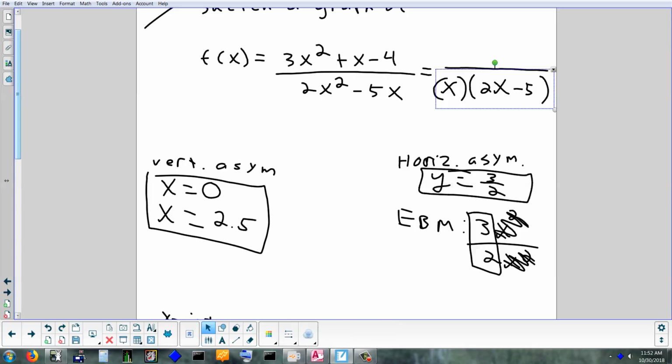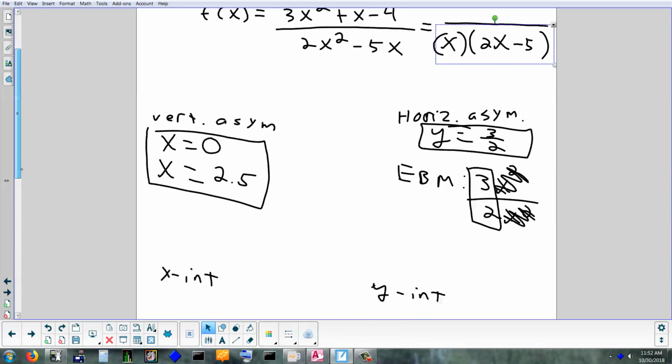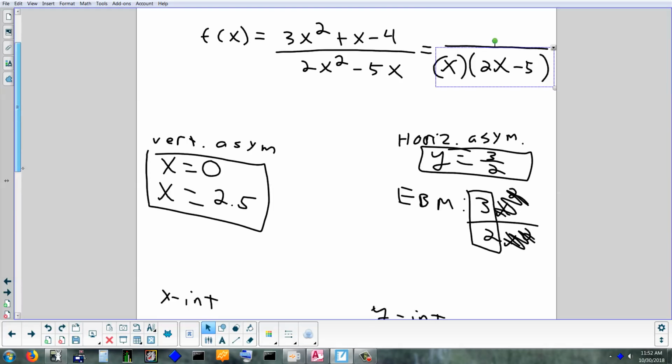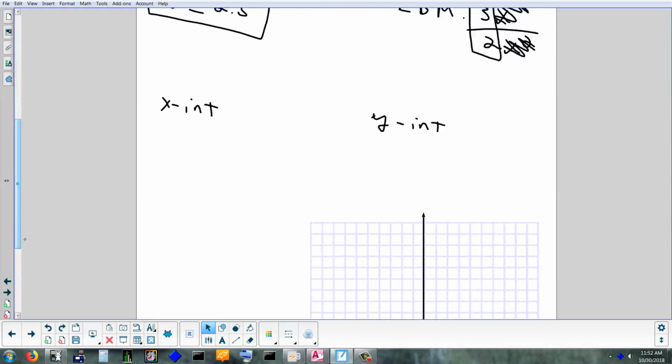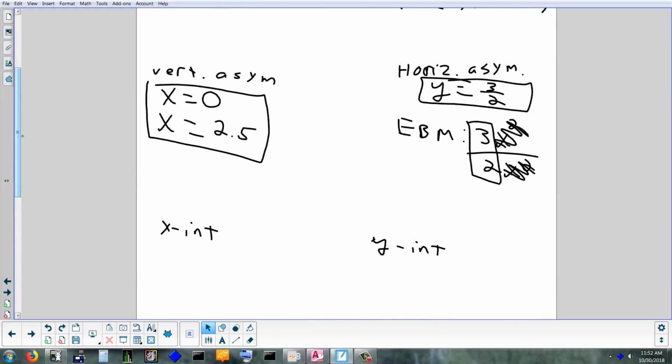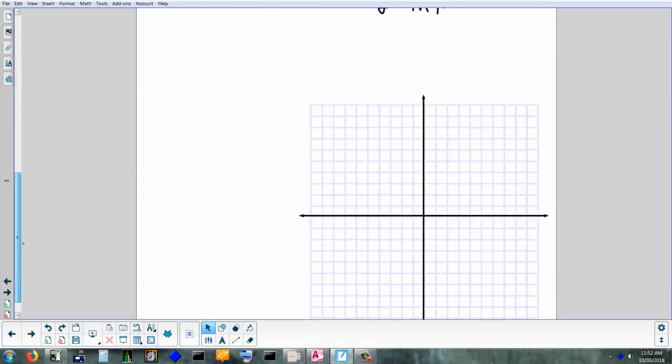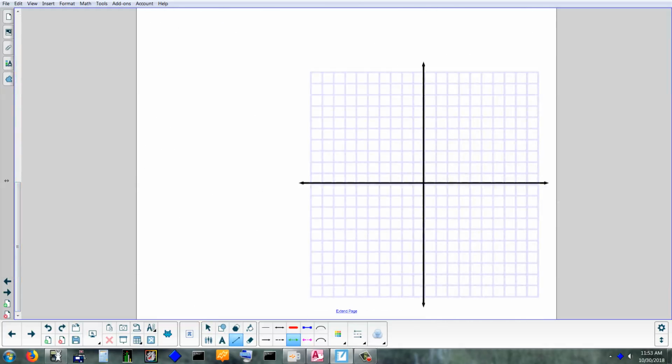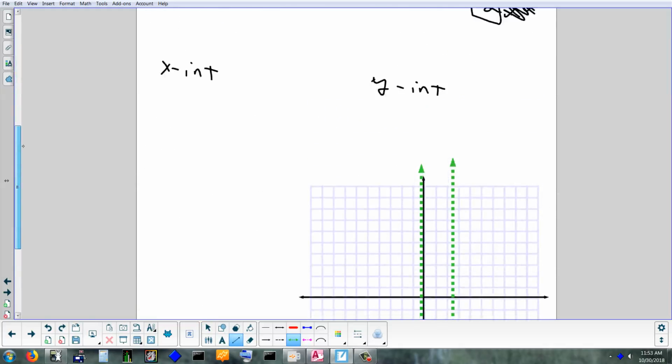Now I'm at the point I want to graph all those asymptotes and then use my calculator to check some points. Then I can make my sketch. So I've got one at 0 and 2.5. When I say check some points, I'll also look at the intercepts as well. So there's 0, close enough, and 2.5.